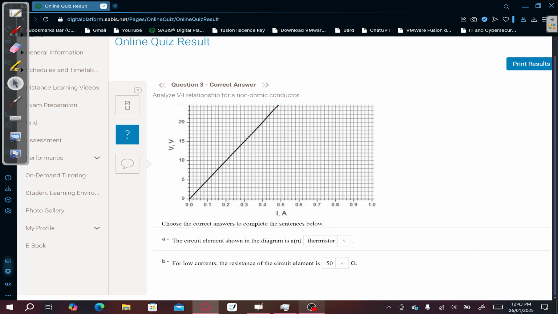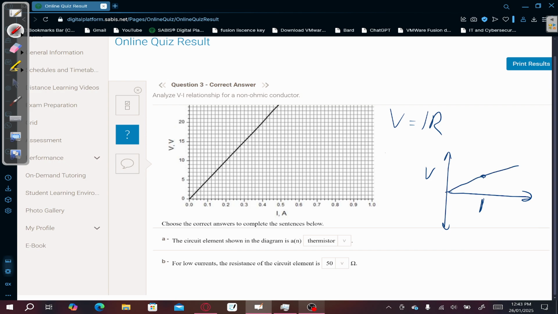Now, for low currents, the resistance of the circuit element is whatever. As I said, it behaves like an ohmic device, a device that obeys Ohm's law, for the first short part where it's perfectly straight. And in an ohmic device, you already know it obeys Ohm's law, which is V equals IR. Now, this is purely logic. If you have V here and you have I here, what is going to be the slope?